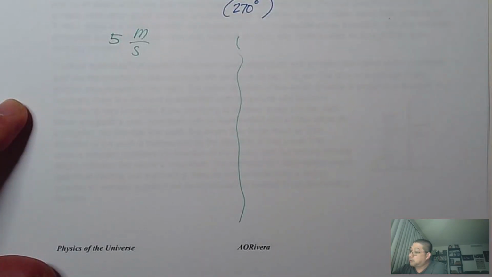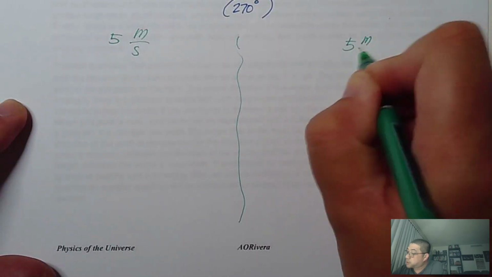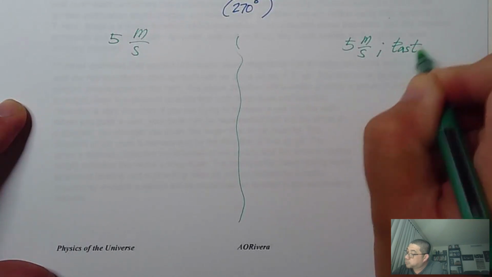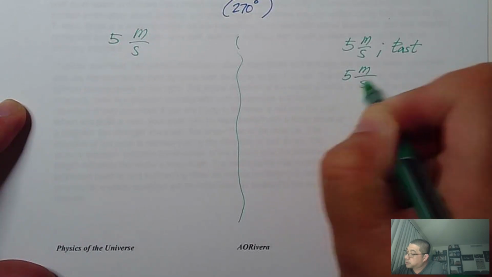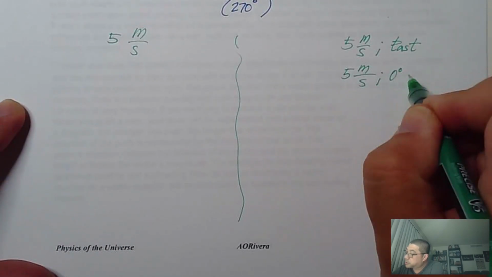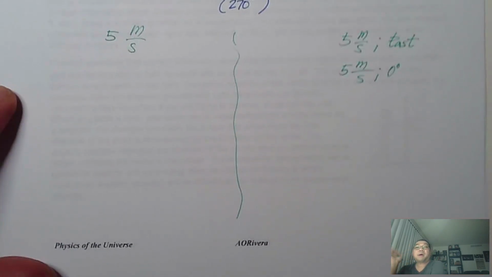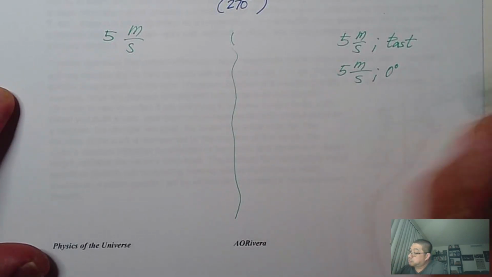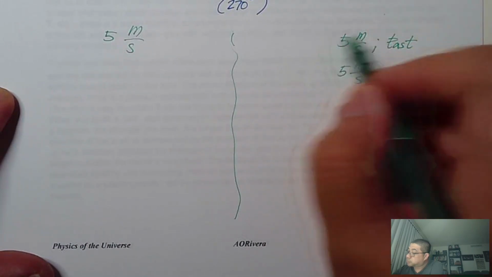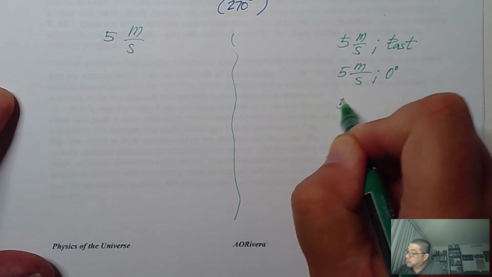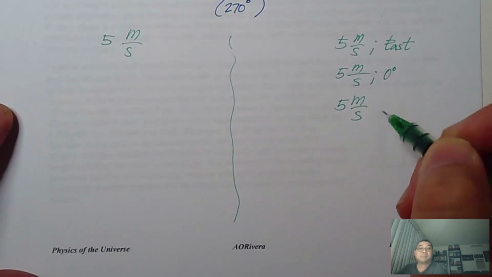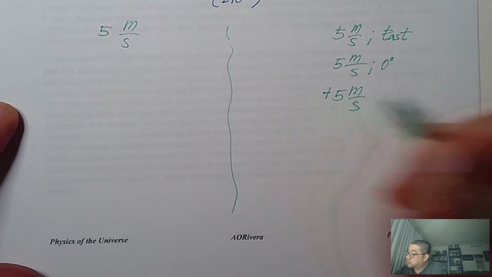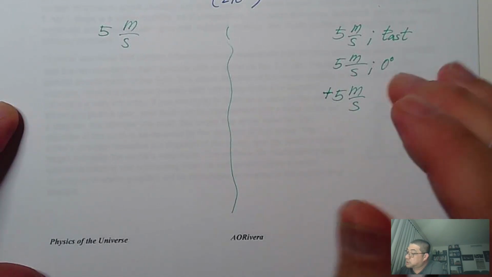Now, what if I would say 5 meters per second and the direction is east? Or I would say 5 meters per second, and the direction is 0 degrees. Now, another tricky part: I would write it here, 5 meters per second, and then I will change this into positive.